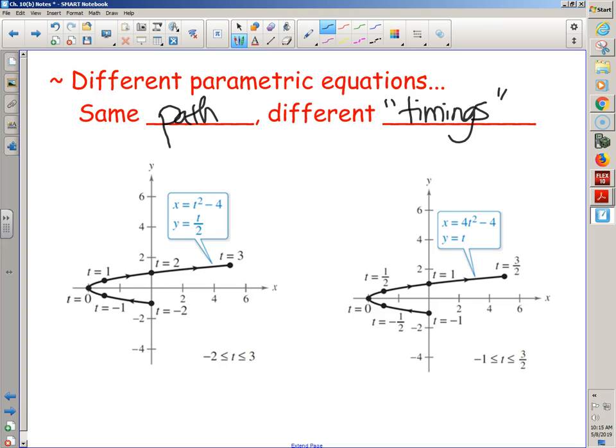Does that make sense? So as soon as the timing changes, the equations have to change because the equations are based on the time. So you can have the exact same graph, exact same path, with different equations, which makes everything a little bit complicated as far as, well, how do I know what a graph looks like if there can be tons of different equations for the same graph?